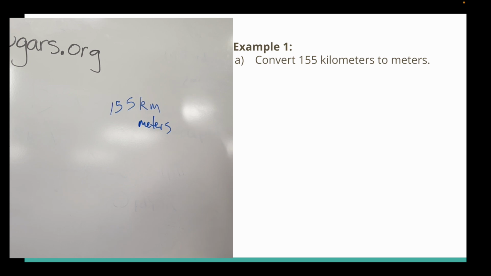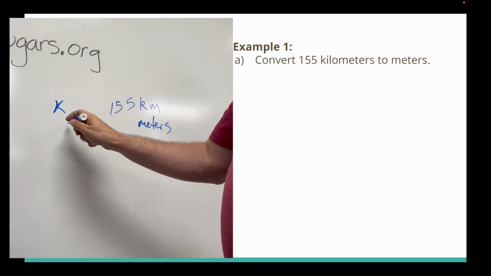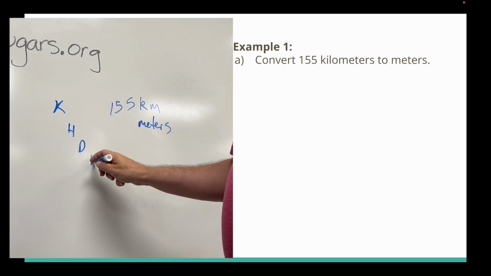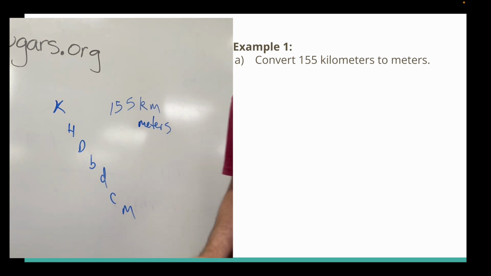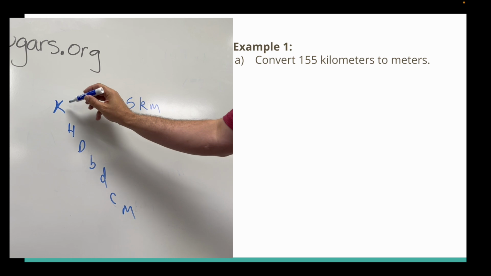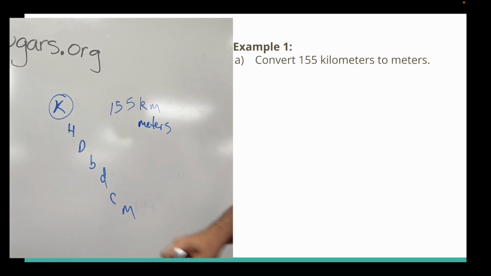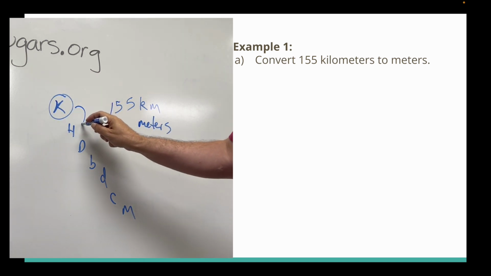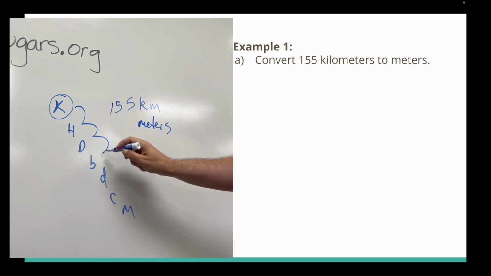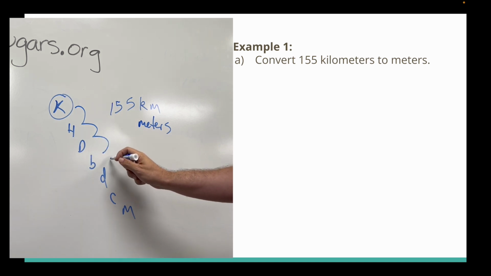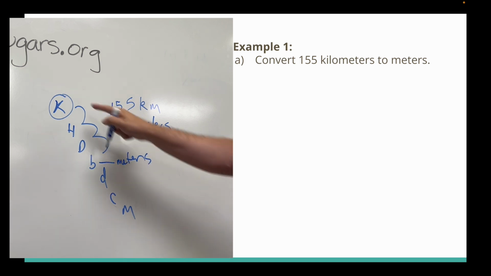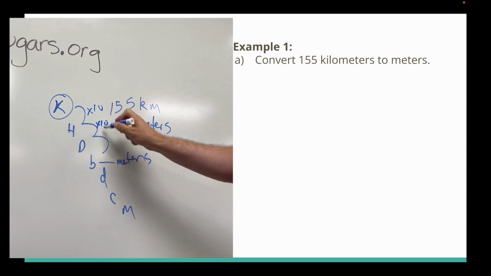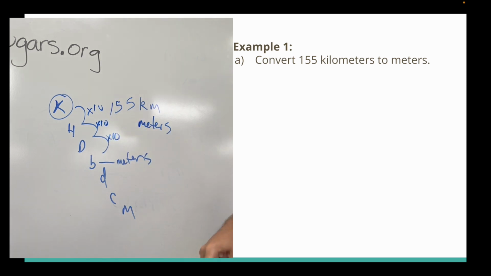Okay, so kilo, so King Henry died by drinking chocolate milk. We're starting here at kilo, and we're going to go all the way down to the base unit, because meters is the base unit. This is meters. So how many times did we go down? We went down times 10, times 10, times 10.